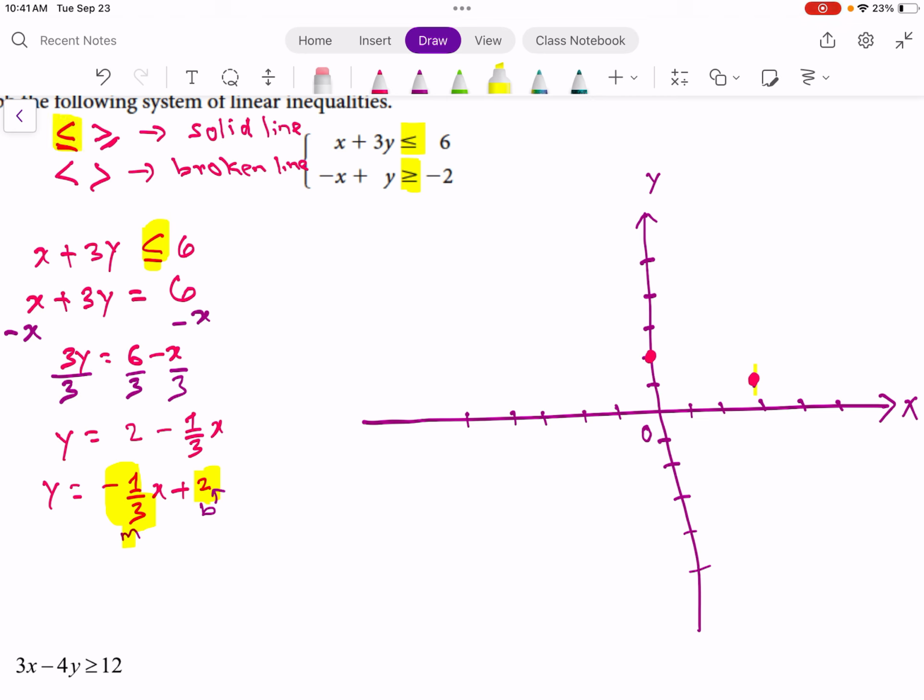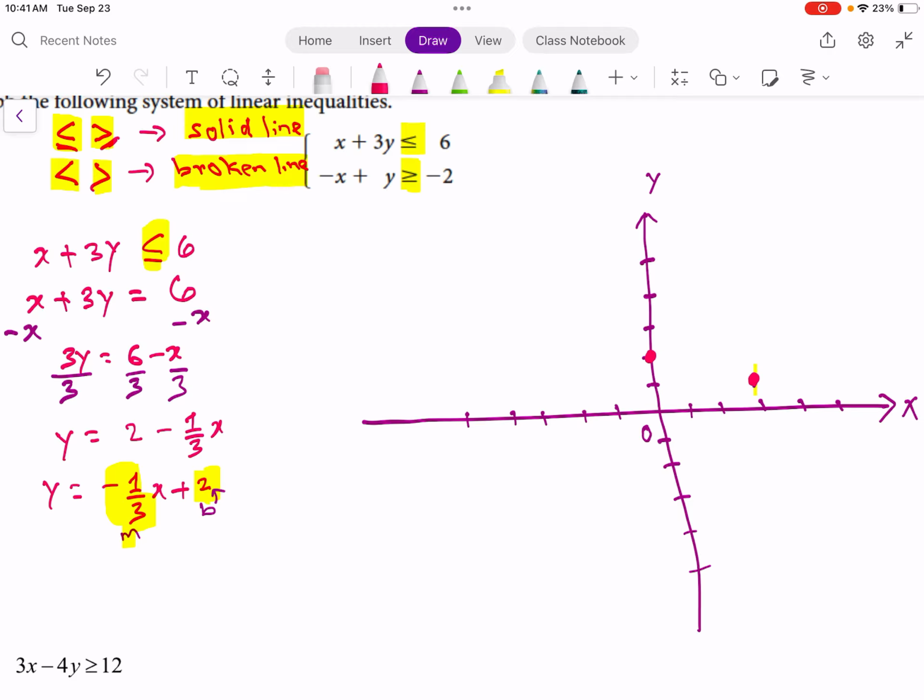Now in our case we have equals to, so we use solid line to connect these 2 points.